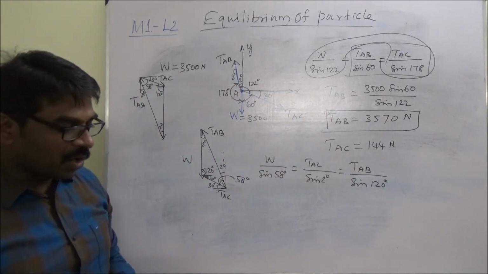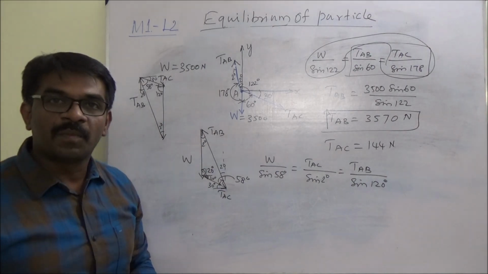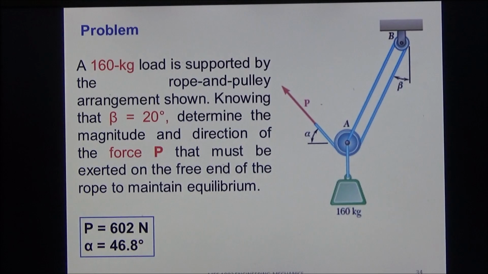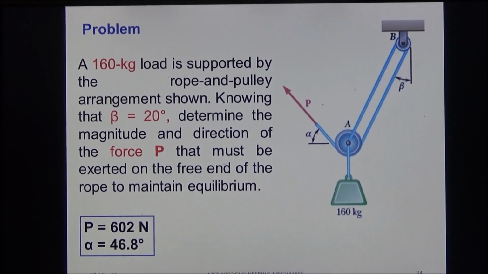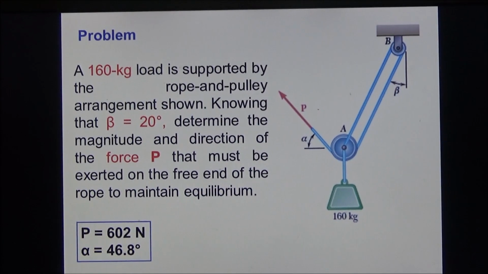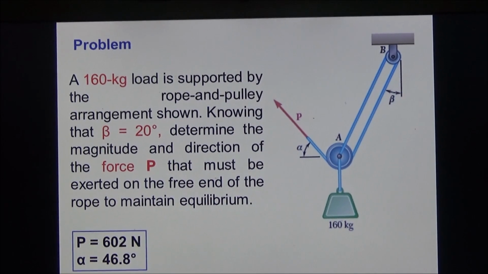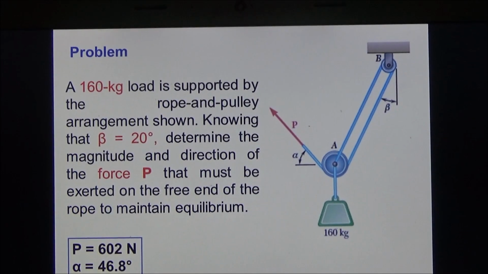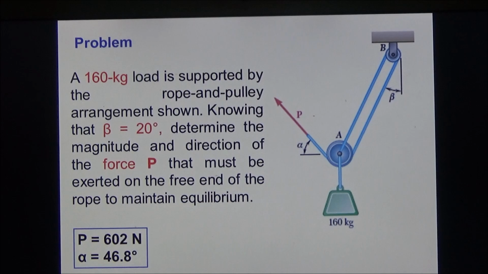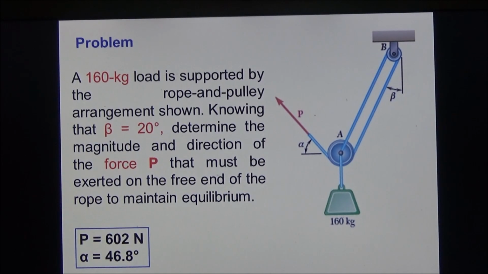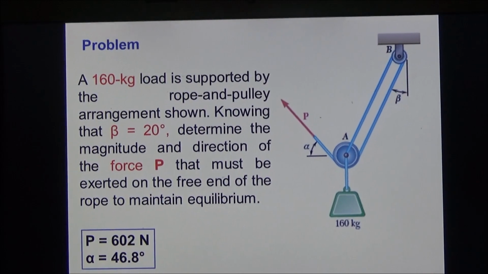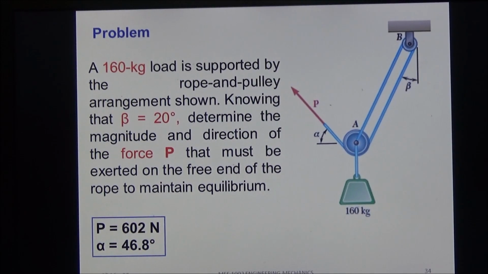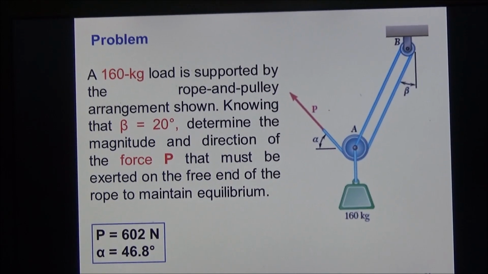Okay, let us solve one more equilibrium problem. Now we will solve this problem where a weight is hanging through the pulley and P is applied to keep the body in equilibrium in a particular inclination.